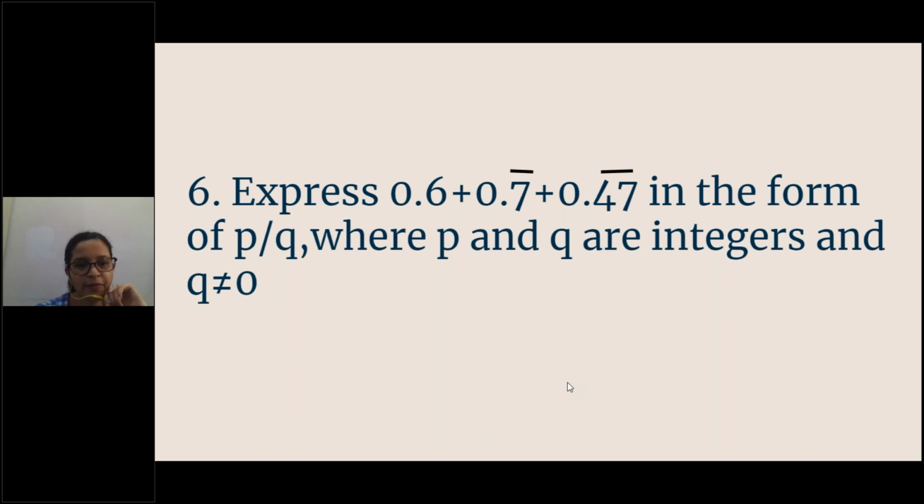Rakshita, the point is of expressing it in the form of P by Q. So there will be no decimals in P by Q, right? Atharva, yes, good job. That's the correct answer. Guys have got it. That's cool. Rakshita, now you got the right answer.